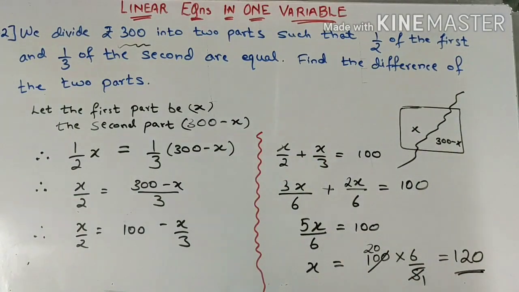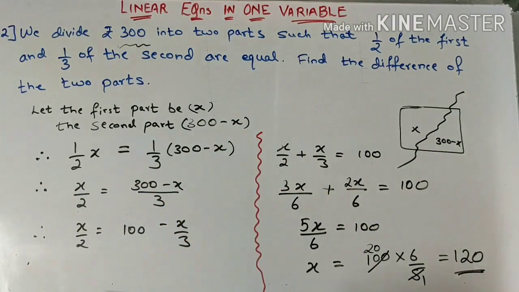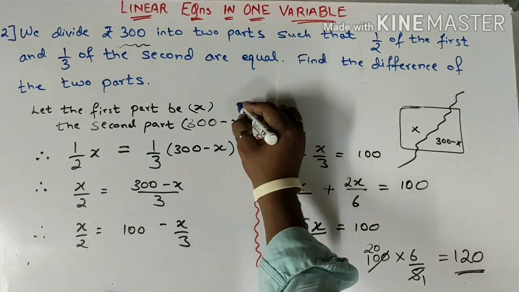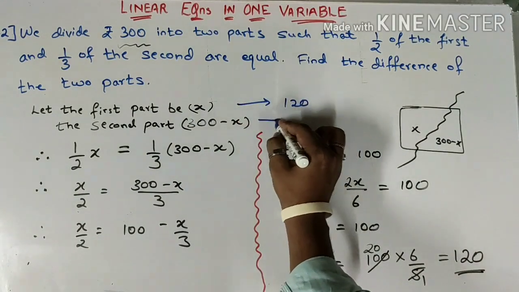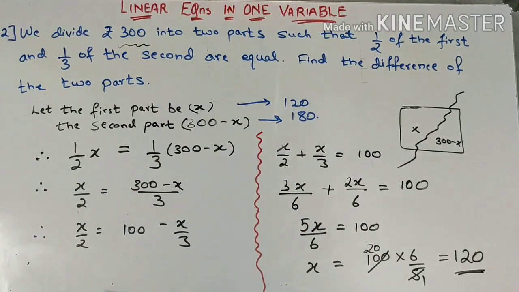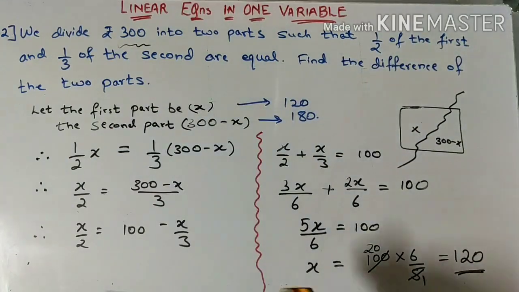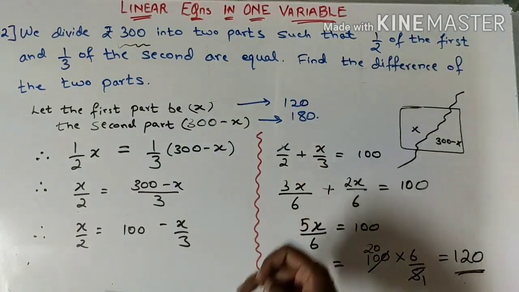So can you guess what will be the second number? Obviously 300 minus 120, which is nothing but 180. So my first number is 120, second number is 180. The question asked to us is the difference. Find the difference of the two parts. That means 180 minus 120.